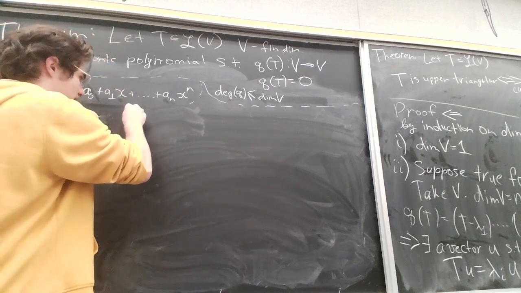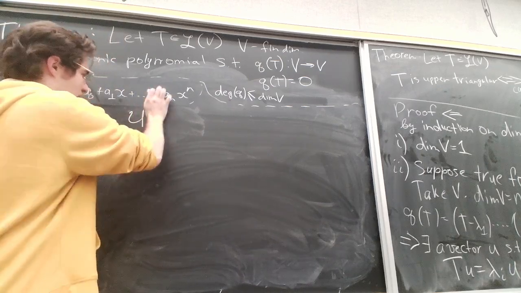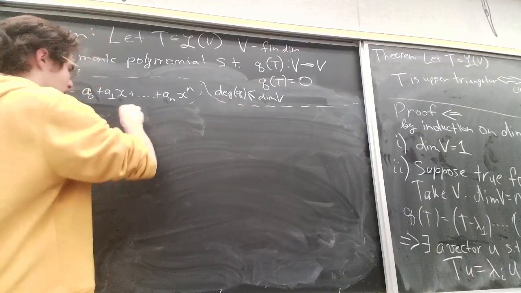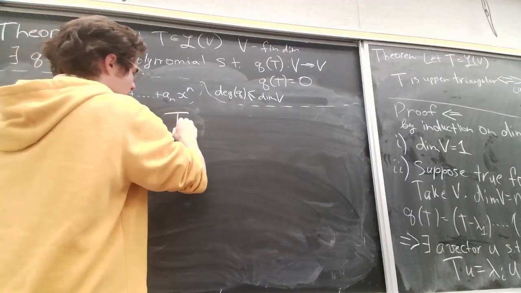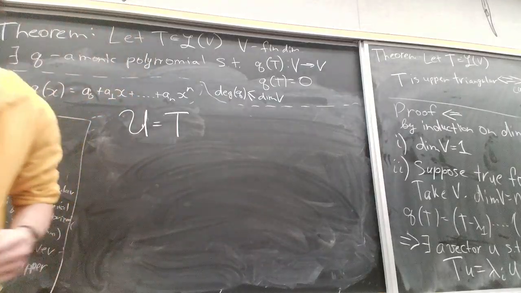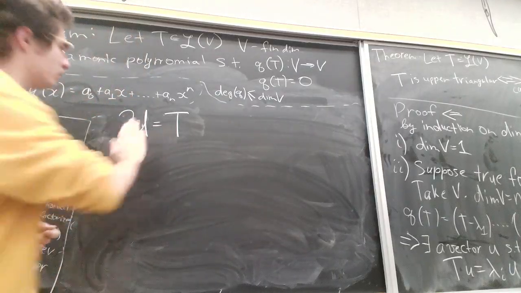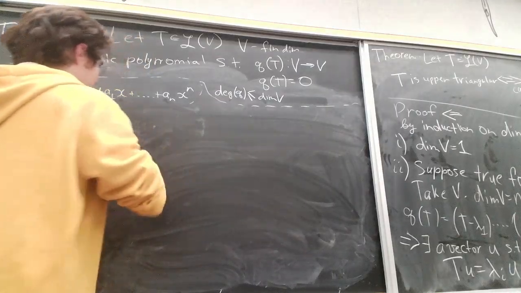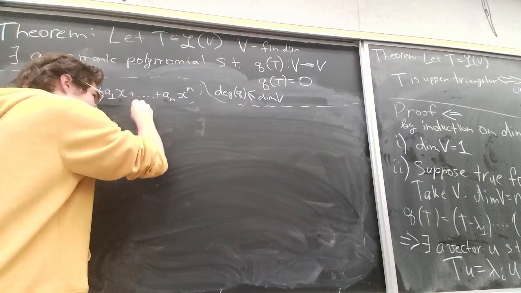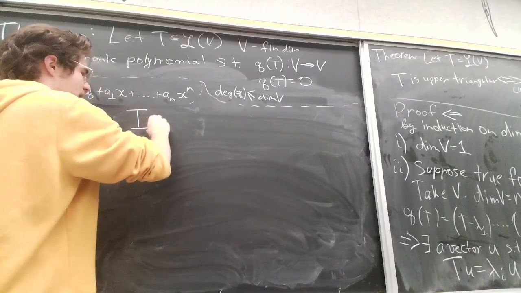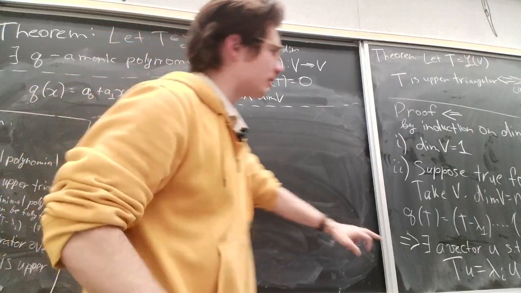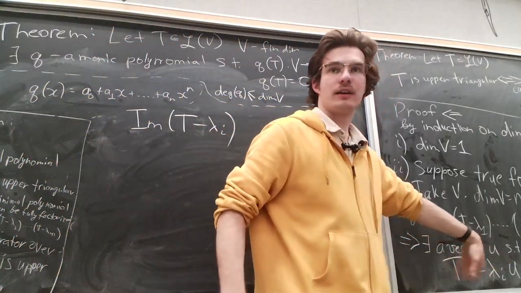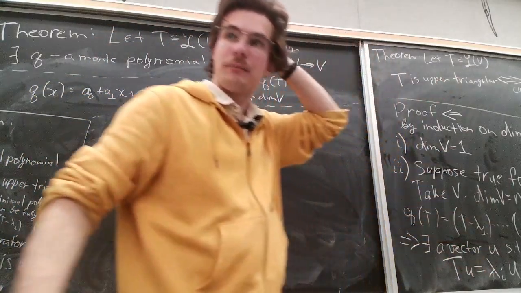It's a bit confusing, but let's look at the image of T minus lambda I, where lambda is this eigenvalue, okay?